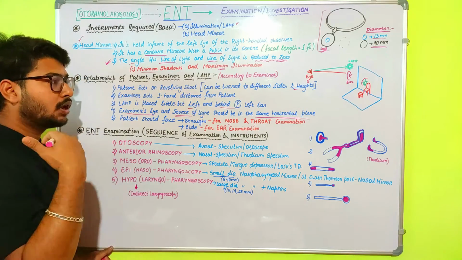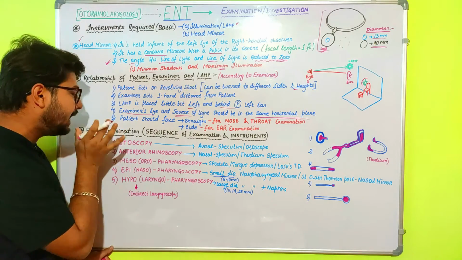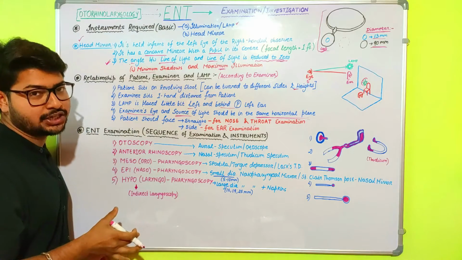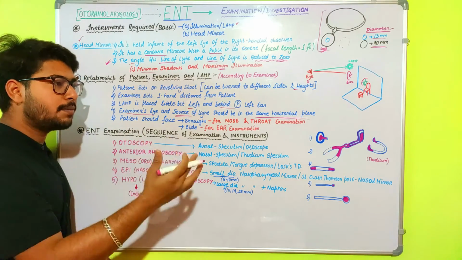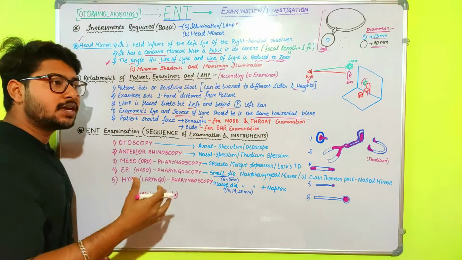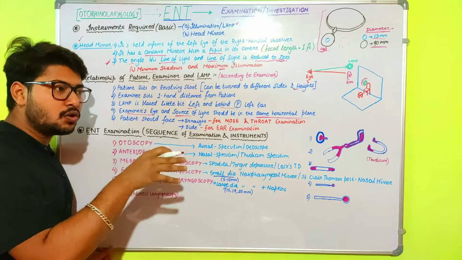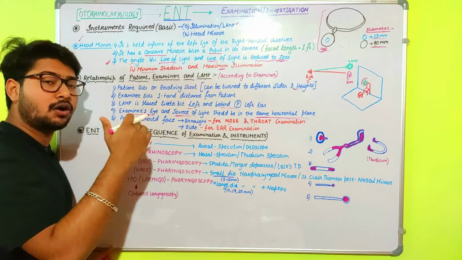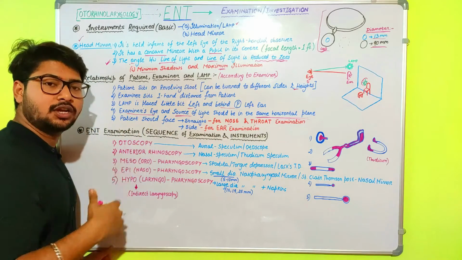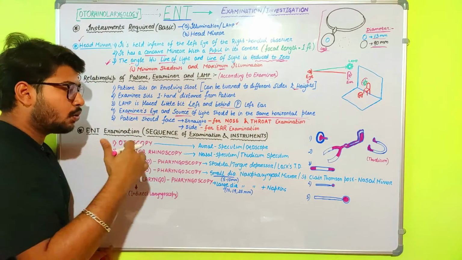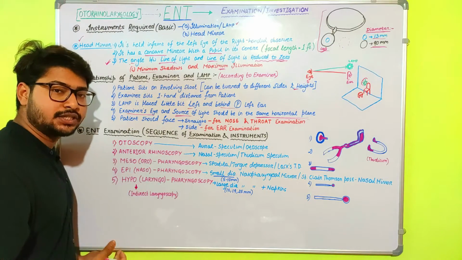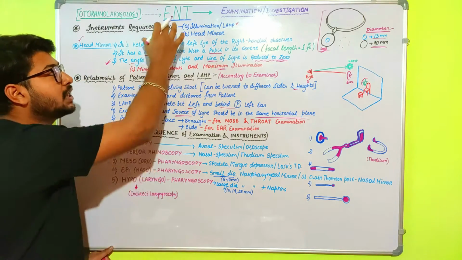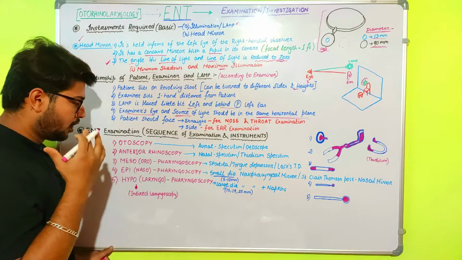Okay, now let's talk about the actual ENT examination and its sequence. If a patient comes and the examiner should examine the patient, what is the order the doctor is going to follow? What is the sequence of examinations and what instruments are required for the ENT examination?